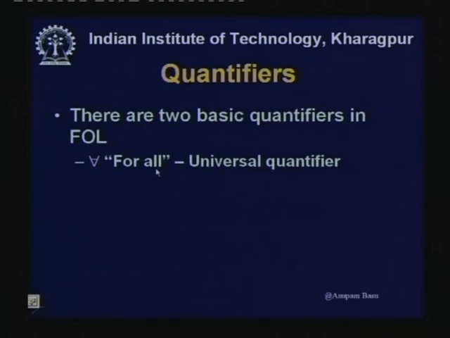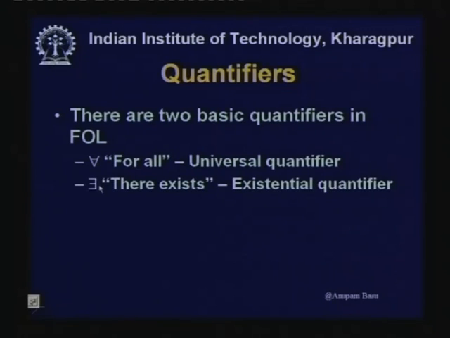For all is also known as the universal quantifier. For example, if we say for all x, then I am talking of all, for any value that x can take, the proposition will be true. Another one is there exists, which is also called the existential quantifier, meaning that something exists.